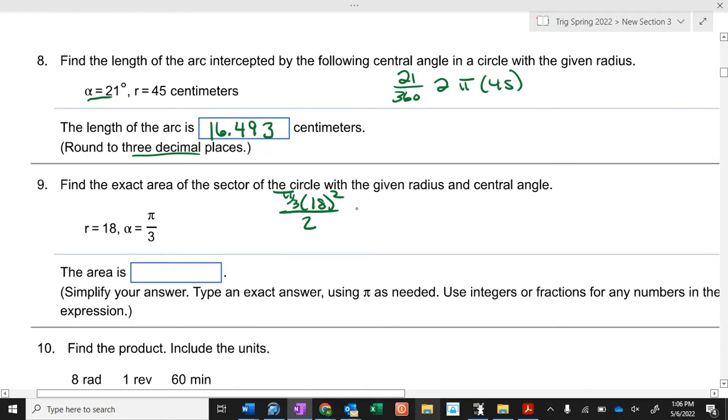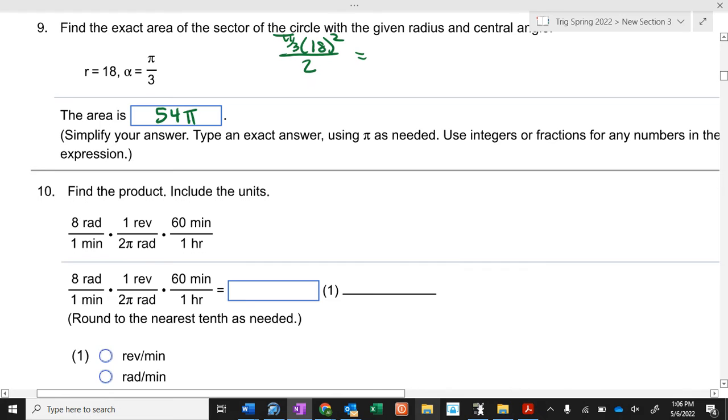Don't put the pi in there. So it's 1/3 of 18 squared divided by 2. 54 pi. I agree with you. Because I did that in my head while she was doing it. So I agree.